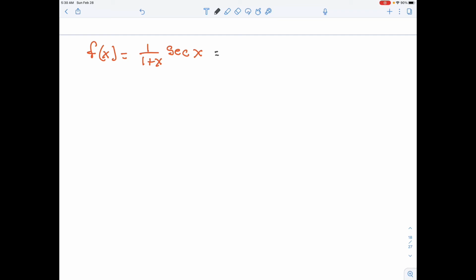This is 1 plus x, which is different than what we learned. So 1 plus x alternates. So 1 plus x is 1 minus x plus x squared minus x cubed. Secant x is 1 over cosine, so I can write that as 1 over 1 minus x squared over 2 plus x to the 4th over 24.